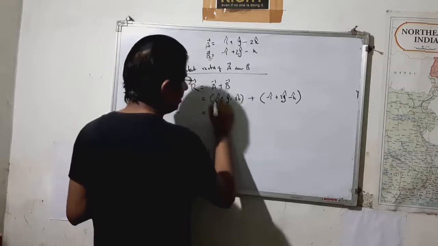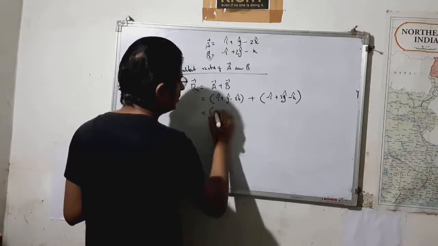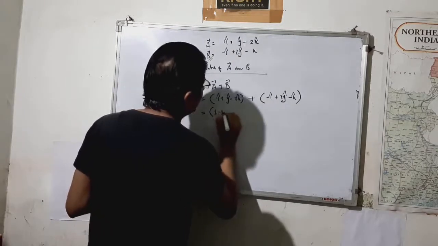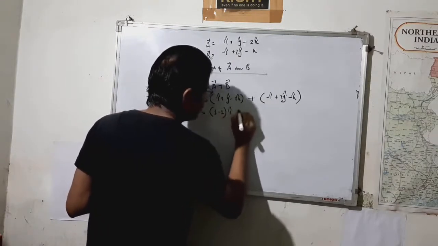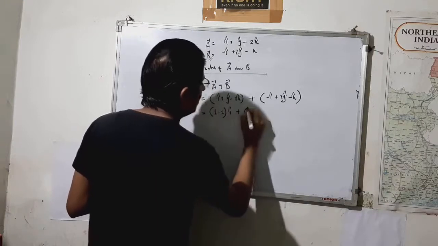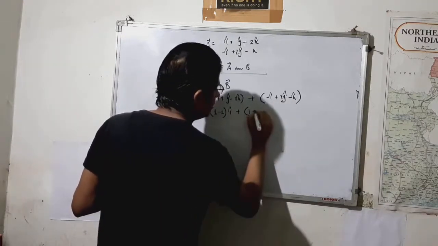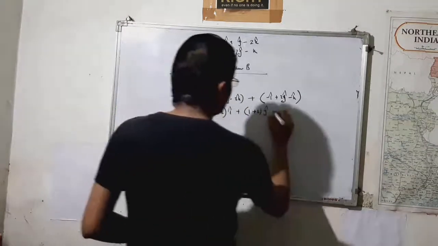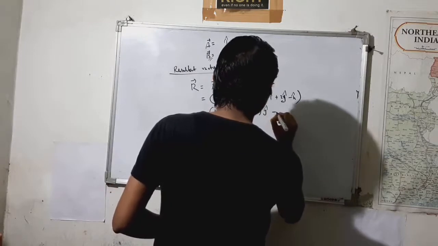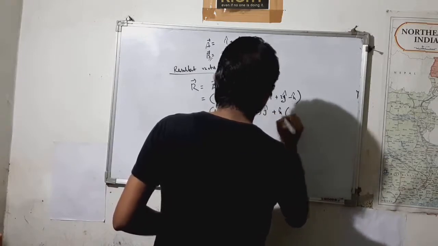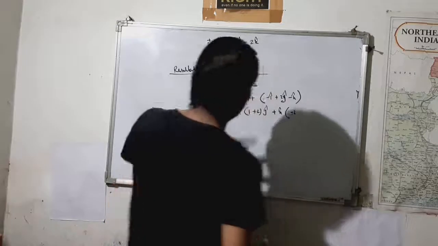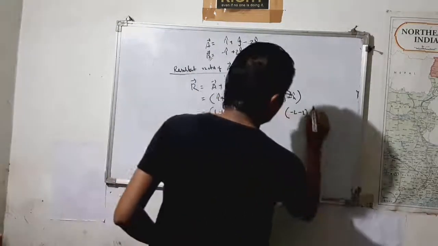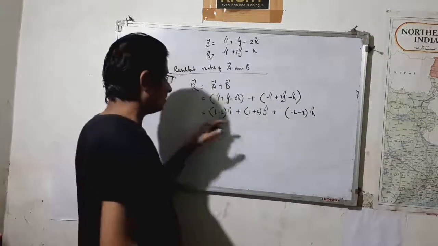For the x component, it is 1 for this and minus 1 for this. For j, this is 1 and this is plus 2. And for k, this is minus 2 and this is minus 1. So 1 minus 1 equals 0.